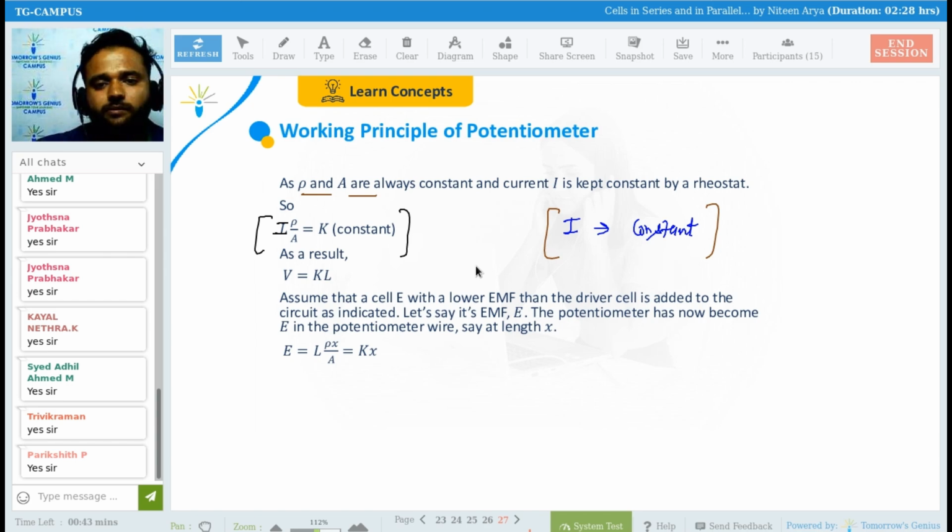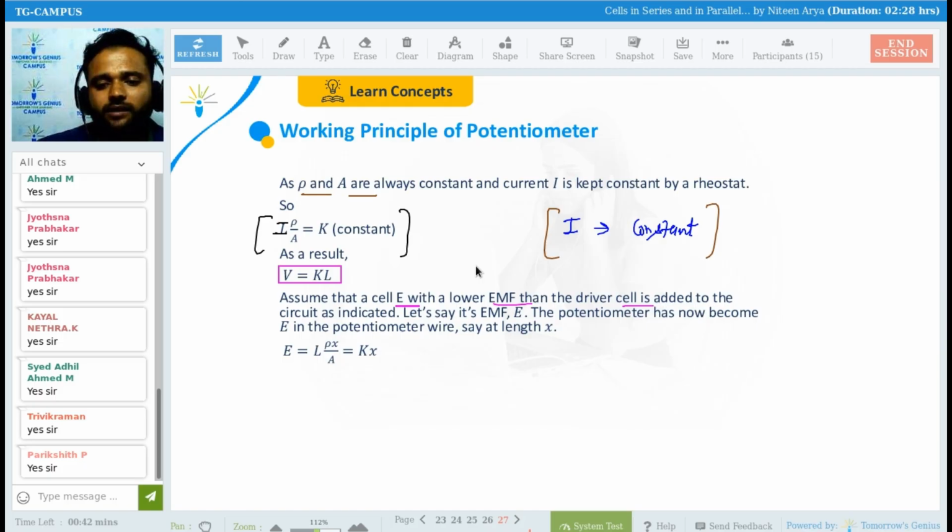And with the help of this, the potential difference of this potentiometer, or voltage, is directly proportional to L, which is V equals K L. Assume that a cell of EMF E, with a lower EMF than the driver cell, is added to the circuit.